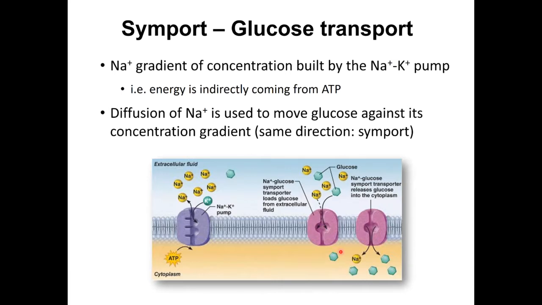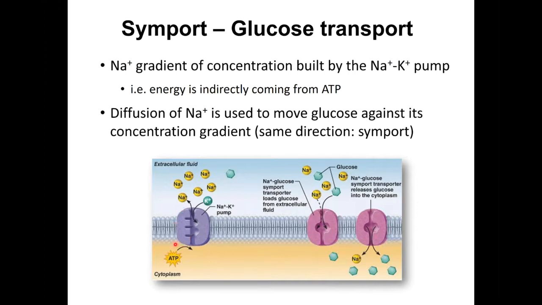Now, notice one thing. In this case, this is a secondary transporter because it doesn't bind ATP directly here. The energy comes from this concentration gradient dissipated relative to the sodium ion. However, as we saw before, the concentration gradient of sodium between the two sides is kept by a sodium-potassium pump, which uses ATP directly.